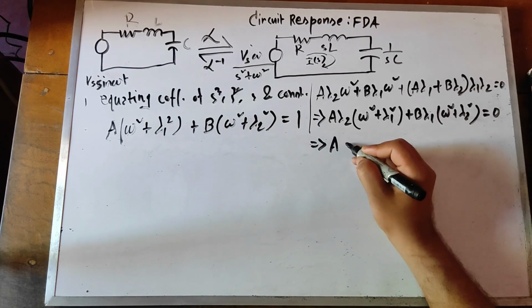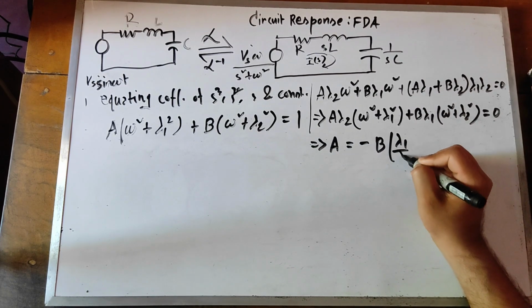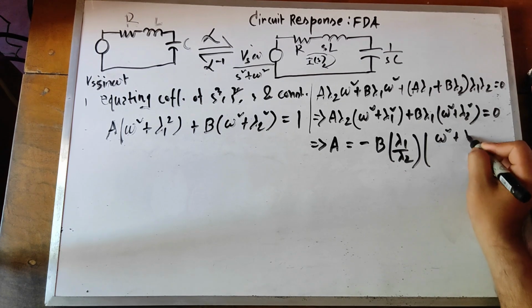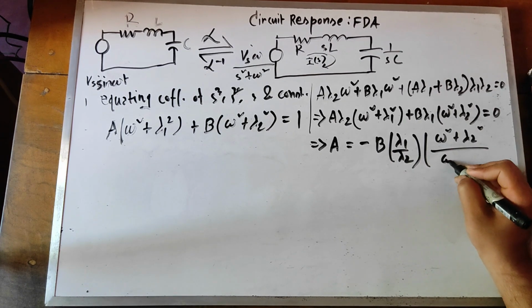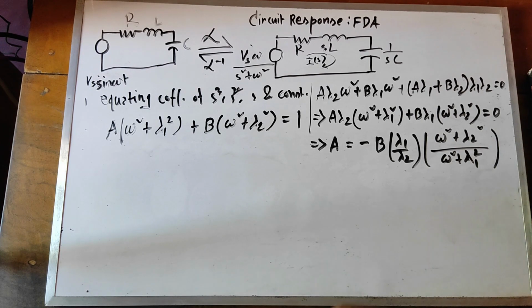This will give me obviously A equals minus B lambda 1 by lambda 2 times (omega square plus lambda 2 squared) by (omega square plus lambda 1 squared).